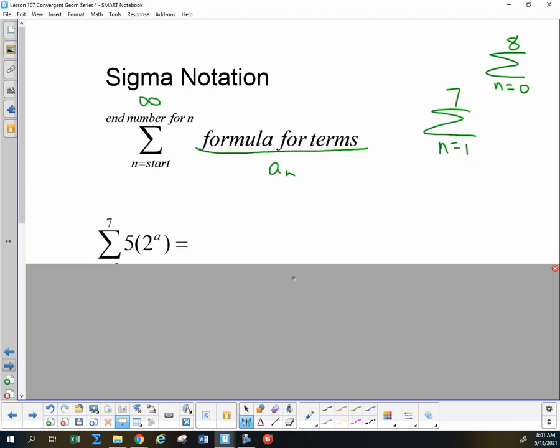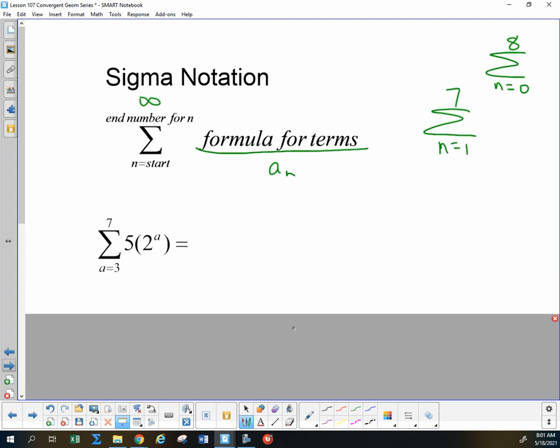So just to practice a little bit with how this works, this one says we're going to start with 3 and go to 7. And I said, let's use A instead of N for the variable. As long as the letter under the sigma matches the letter in the formula, we're fine.